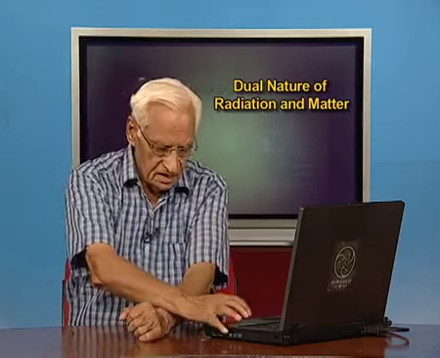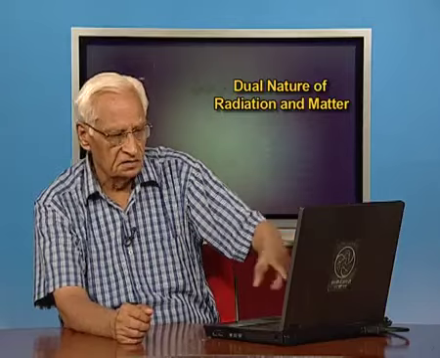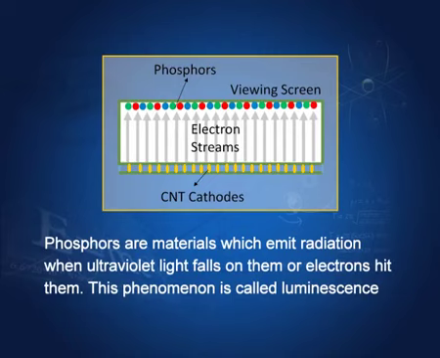What is this arrangement? Let us see. A field effect display for high definition pictures, the kind of pictures that you get on an LED TV at your home. How does it work? We have millions of these CNT cathodes. CNT stands for carbon nanotubes.